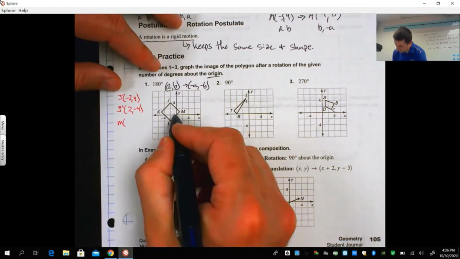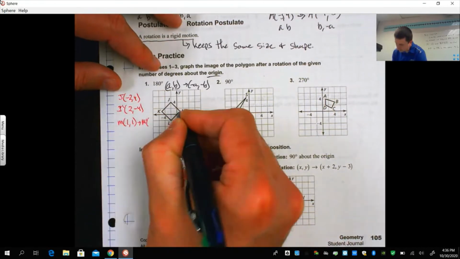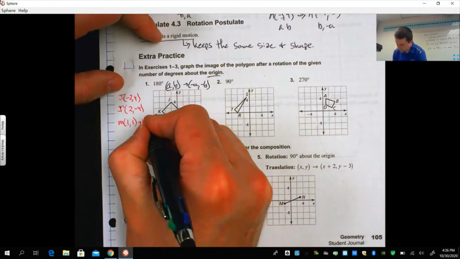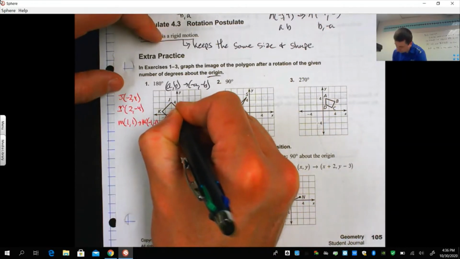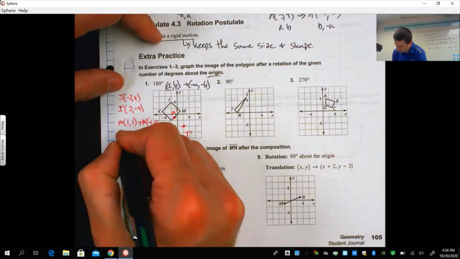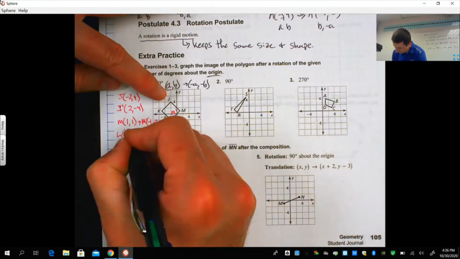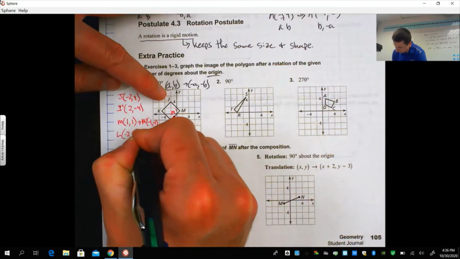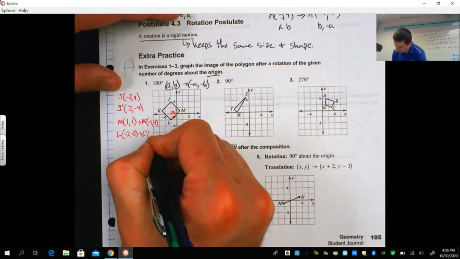M looks to be at 1, 1. So M prime, we switch the signs, is going to be negative 1, negative 1. So right there, M prime. L is at negative 2, negative 2. That means L prime is going to be at positive 2, positive 2.